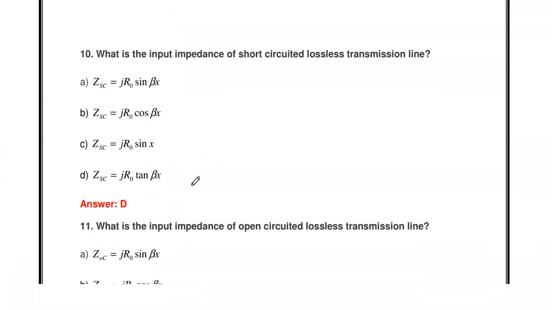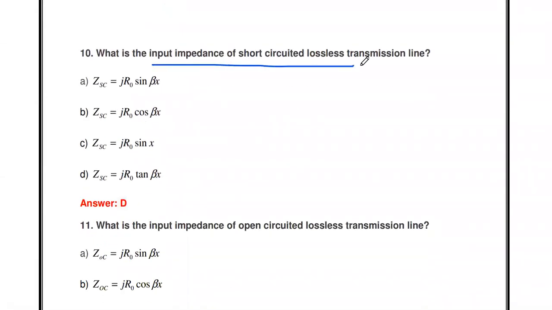Then the next question: what is the input impedance of a short circuited lossless transmission line? Okay. So, you know, short circuited means the load impedance is zero. For a short circuited line, the load impedance is equal to 0.